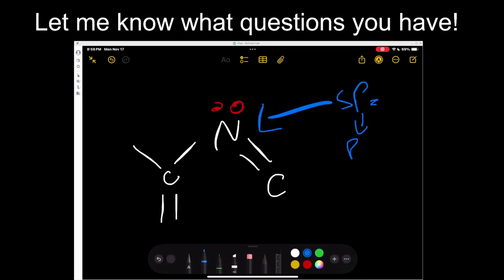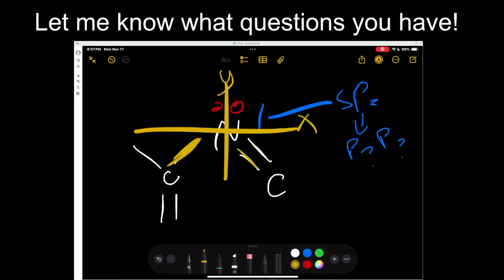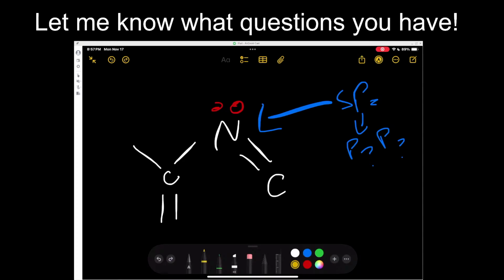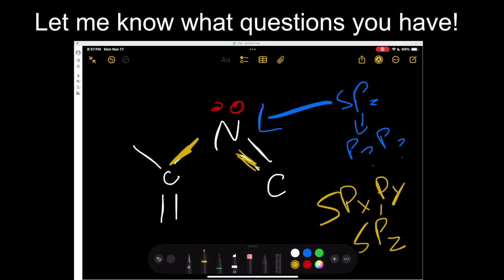If it is sp2, I want to ask myself, does the Lewis structure tell me which p's are being used? In this case, it does. I have my y, I have my x. These lines are indicative of py and px. So I now know that these lines here and here are using px and py to give me the sp2 that I see on this nitrogen.